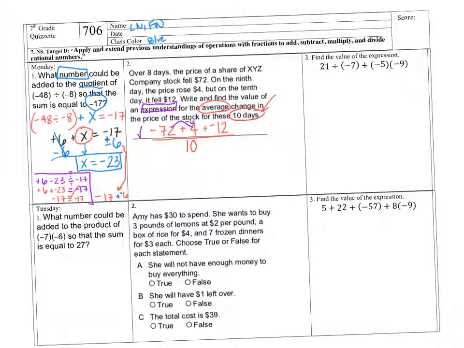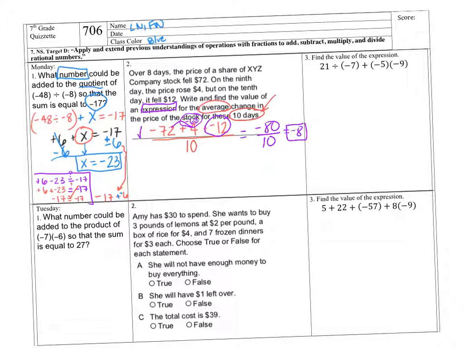So we have negative 68 plus negative 12. We have a negative and a negative. Remember, keep their sign and add them. And in this case, it would be negative 80. So we have negative 80 divided by 10. Negative 80 divided by 10 is negative 8.